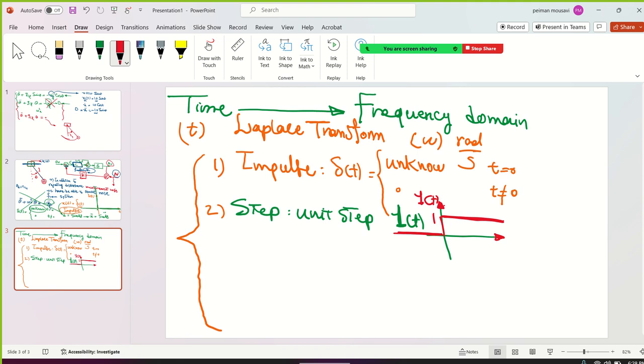Unit step. Before 0, it is 0. Before 0, meaning smaller than 0. And after, greater than 0, it is 1. It is a discontinuous function. Okay? So I can say the time derivative of, I want to examine your basic knowledge of mathematics. What is the time derivative of the unit step?